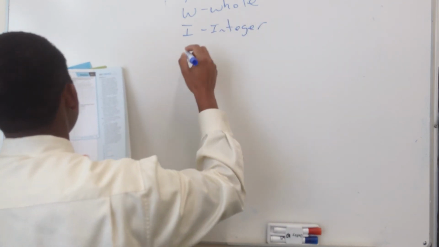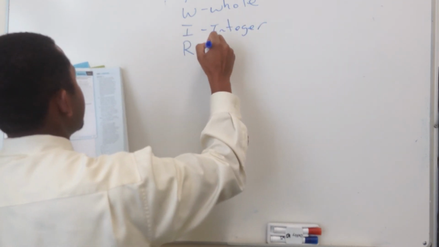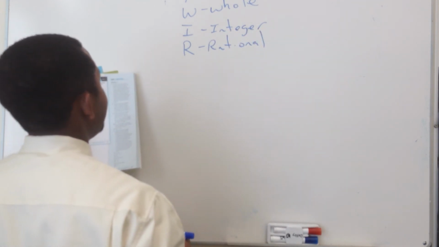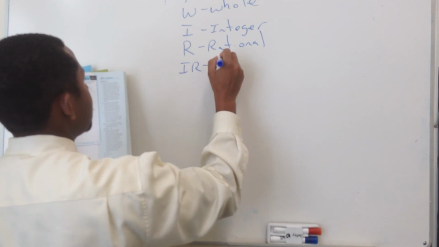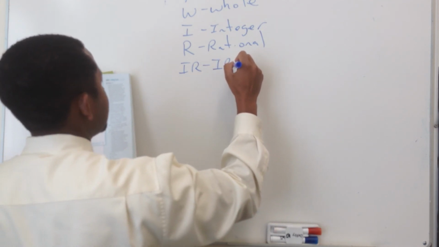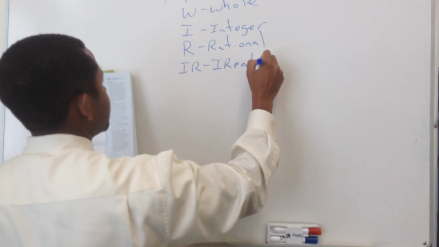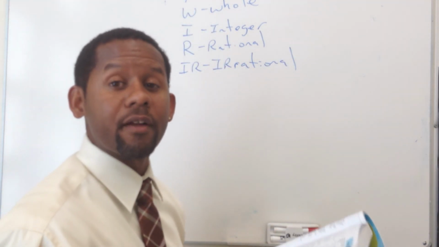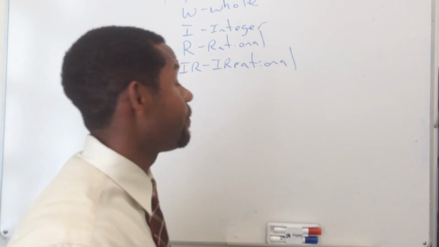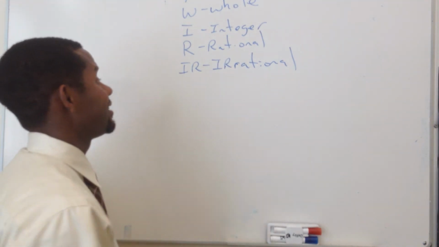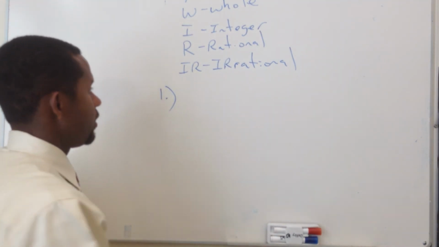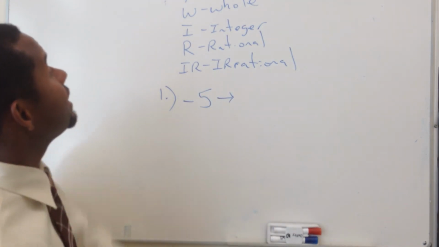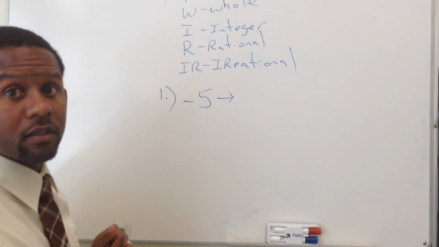Write this down. You're going to use R for rational, and IR for irrational. You're going to put the letter next to all of those that apply for a number I give you here. I'll give you an example. Number 1, here's the number, -5. How many of these groups does -5 belong to?